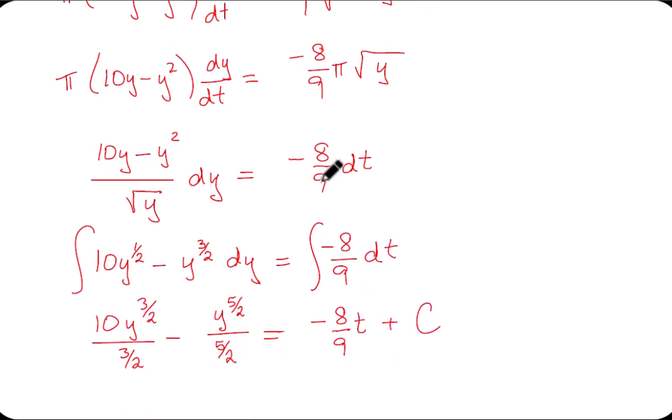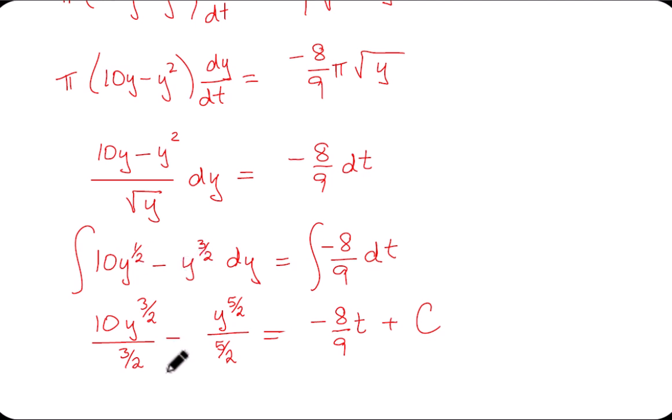The right-hand side is easy: that's minus 8/9 t plus c. The left side, I need to separate and use my rules of exponents. This is y to the 1 over y to the 1/2. 1 minus a half is a half. 2 minus a half is 3/2. Now we can use our power rule to integrate each piece.